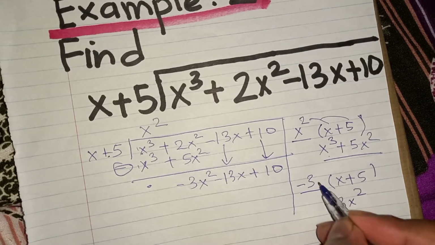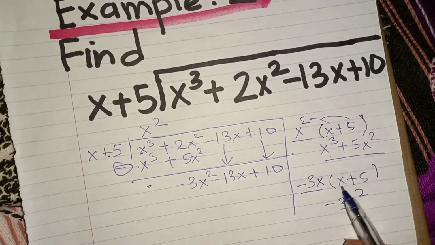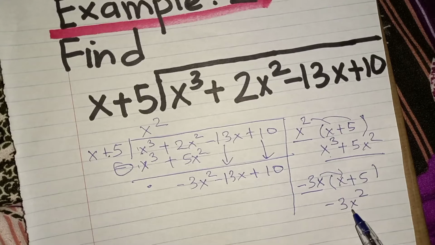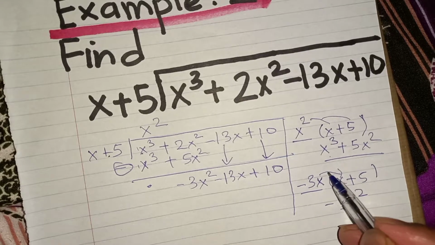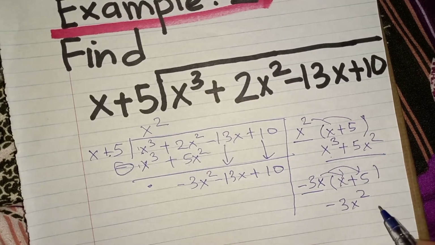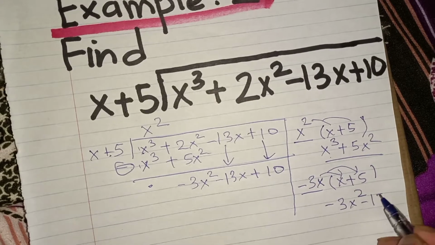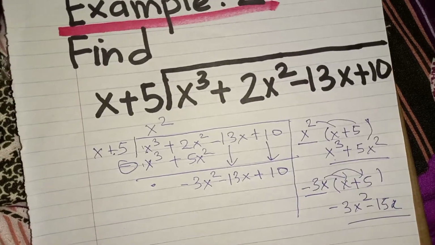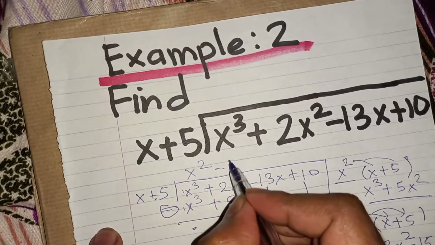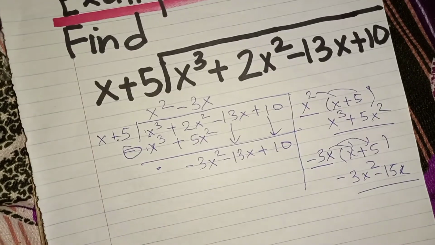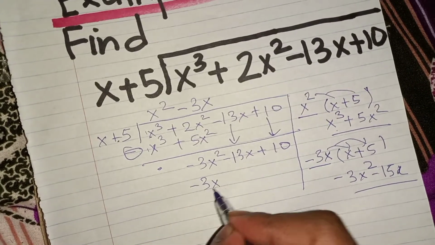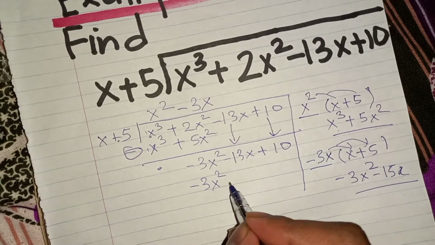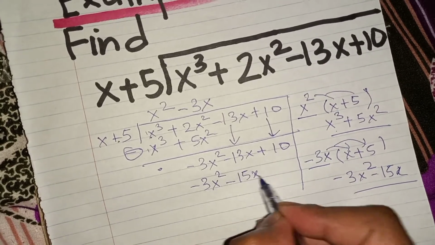So minus 3x is going to multiply with x to give me minus 3x squared, and when minus 3x multiplies with 5, it gives you minus 15x. Now minus 3x goes on top here, and minus 3x squared, all of this comes here, minus 15x.